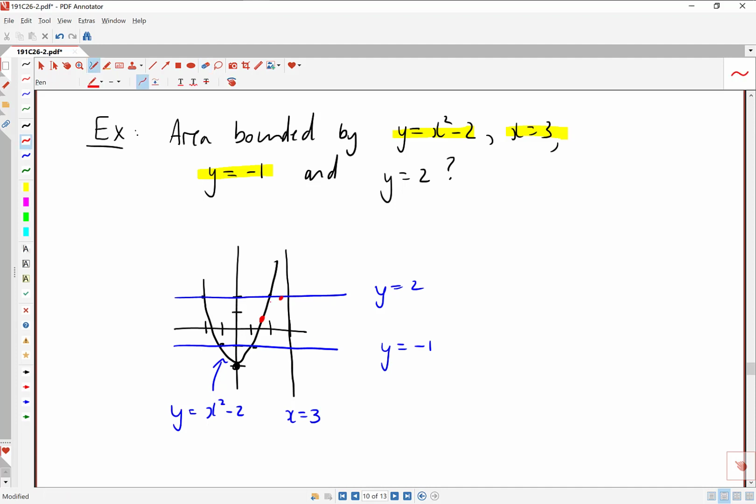Let's imagine covering that area with horizontal slices. That's going to work well because every horizontal slice will have the parabola on the left and the vertical line on the right. That's exactly what you want to see when setting up slices: the same curve acting as x left for all your different slices, and the same curve acting as x right for all your slices.